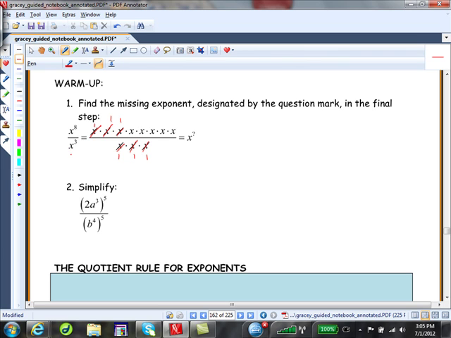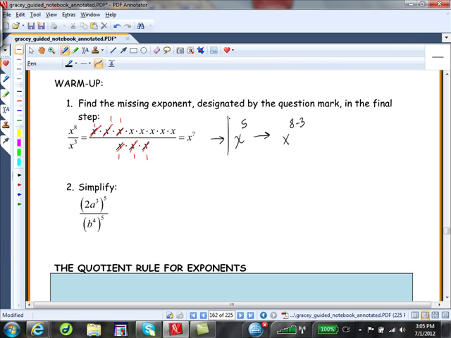So this ends up being x to the 5th, but looking at another rule for exponents, we could think of it as x to the 8 minus 3. So there's a relationship there.